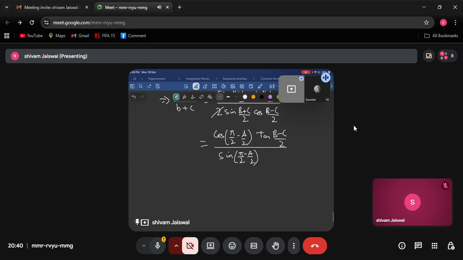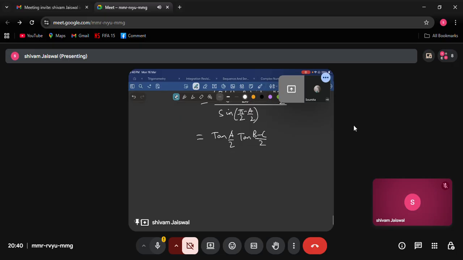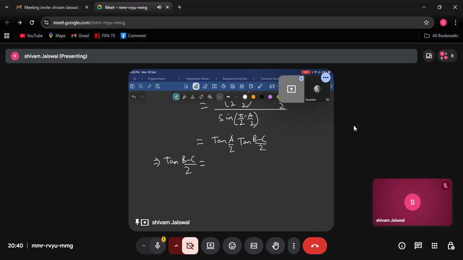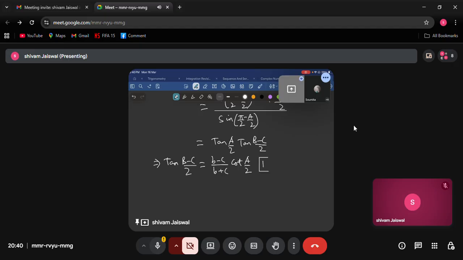On the right hand side, you are getting tan A by 2 into tan of (B minus C) by 2. Taking tan A by 2 to the left hand side, tan of (B minus C) by 2 is equal to (B minus C) by (B plus C) into cot A by 2. Hence proved. Anyone having any doubt? You can ask me now. Okay.